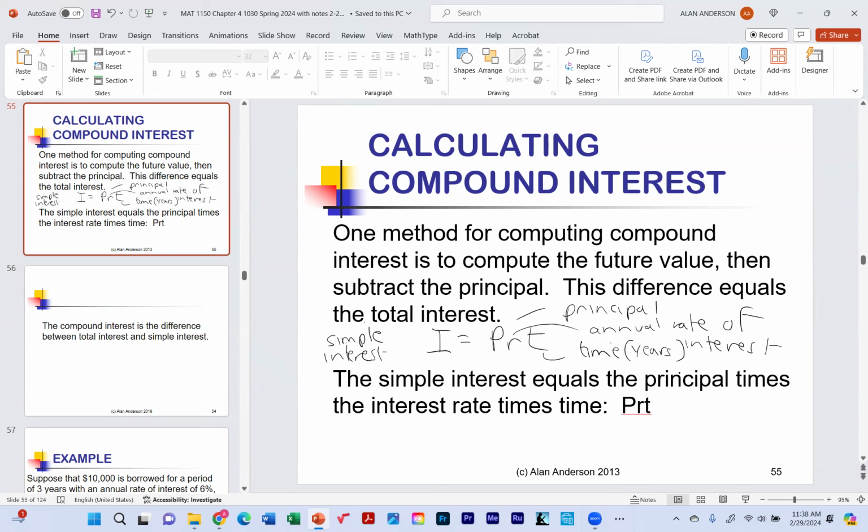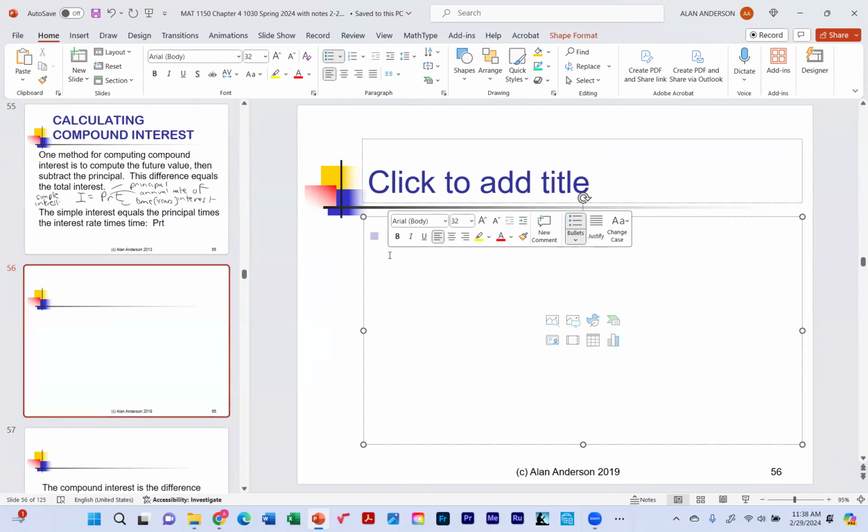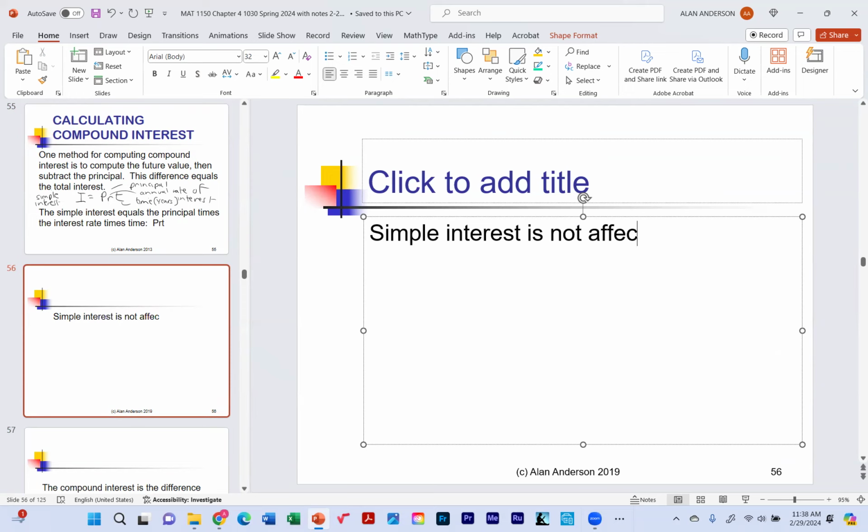Now, here's an interesting point. If you look at that formula, the one thing that's missing is n. Okay, so I want to point that out to you right now. Simple interest is not affected by n.